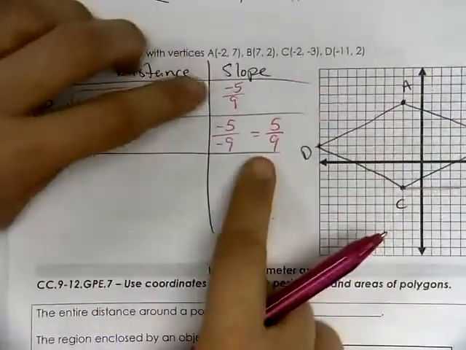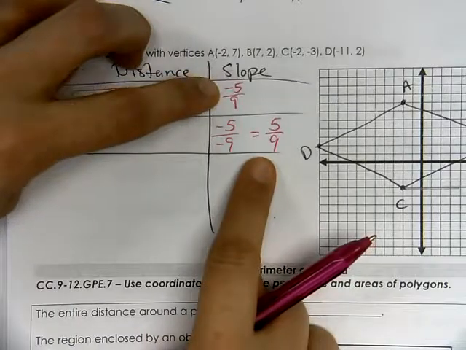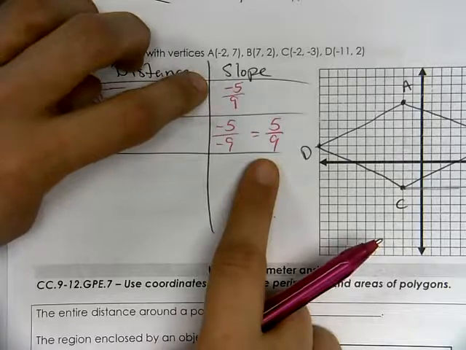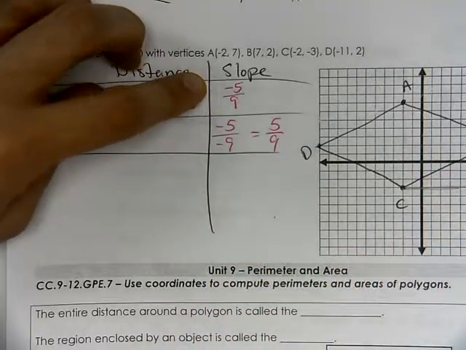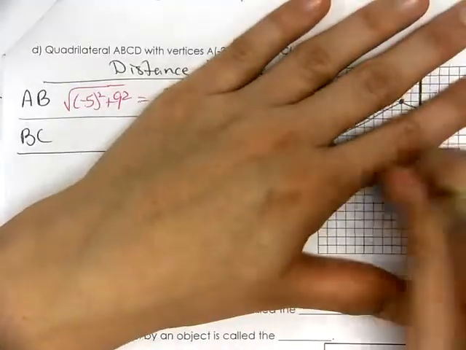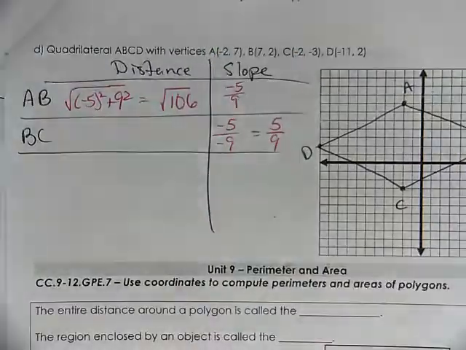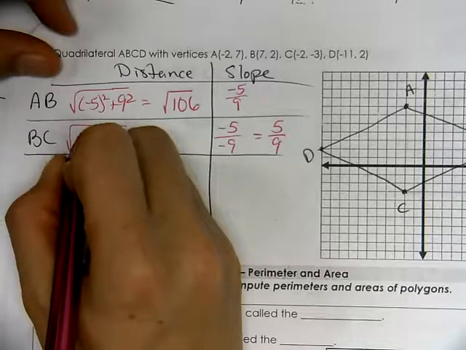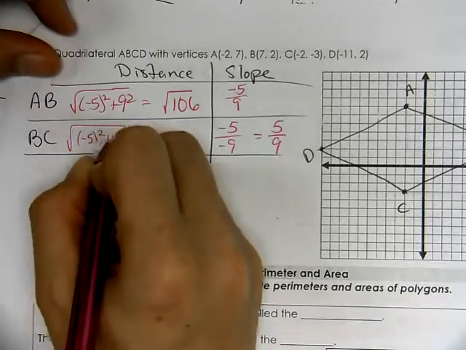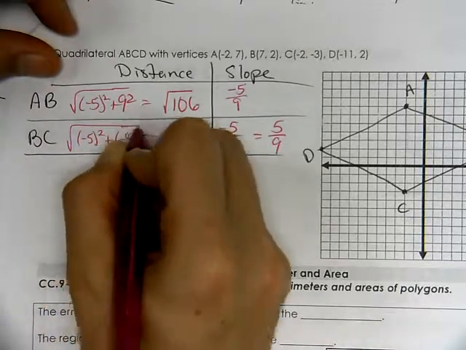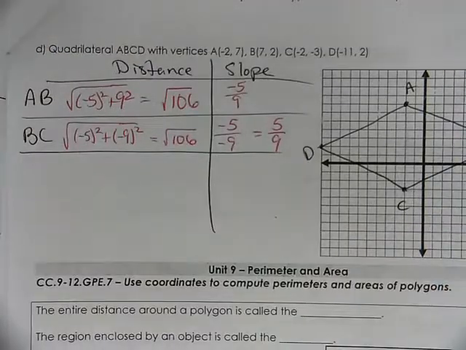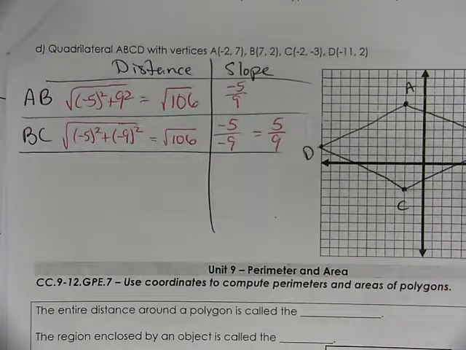So we get positive 5/9 and negative 5/9 as my slope. Those are not opposite reciprocals, they're just opposites. So I don't have right angles. If they're just opposites, you don't have right angles. But my distance is going to be negative 5 squared, negative 9 squared. So it'll end up being square root of 106. So it's looking like it's going to be a rhombus.